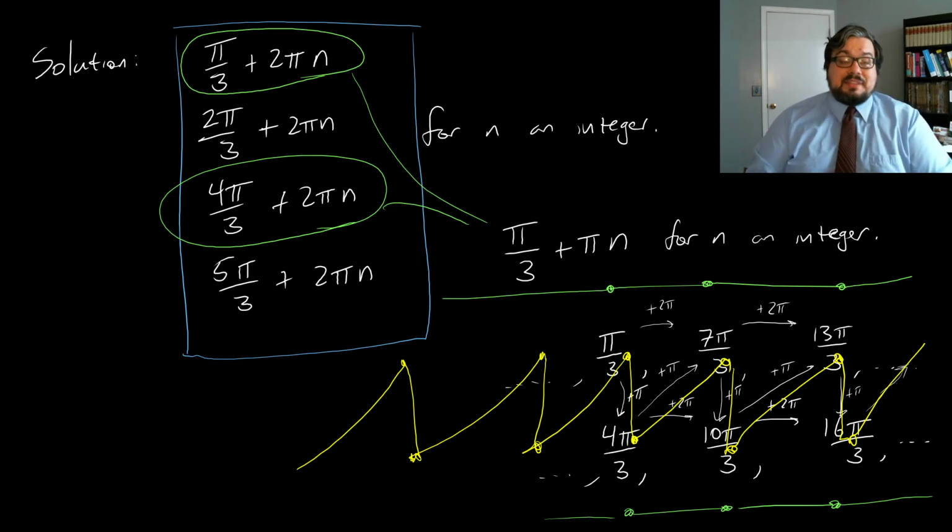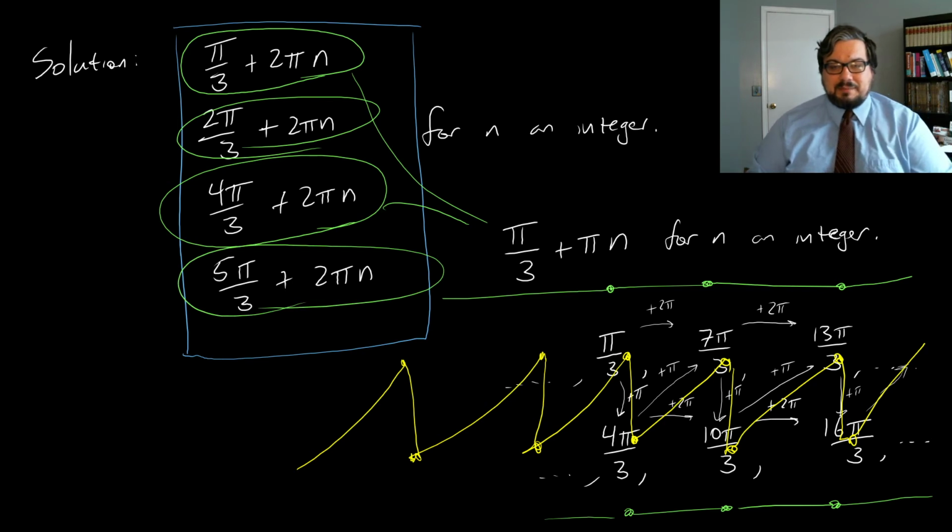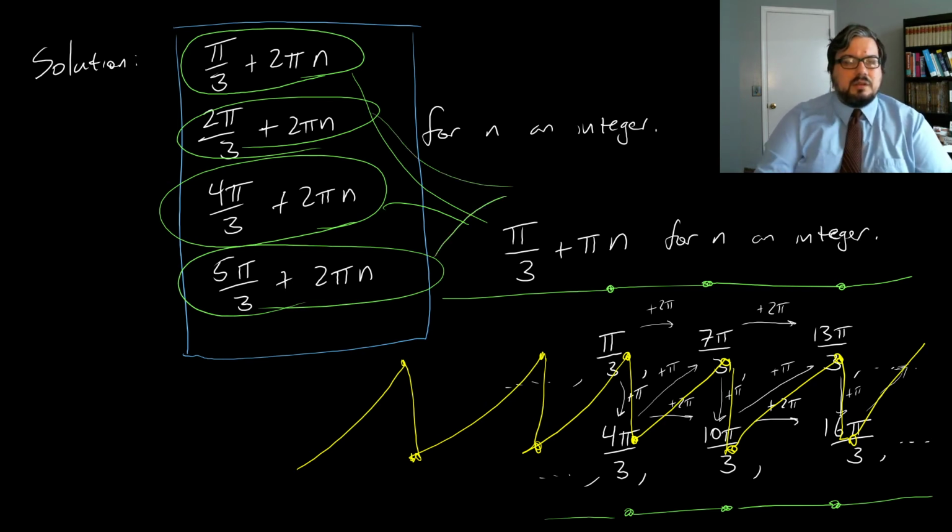And we can do the same thing with the other two families in the original problem, actually. We could combine the second and fourth families to be 2 pi over 3 plus pi n.